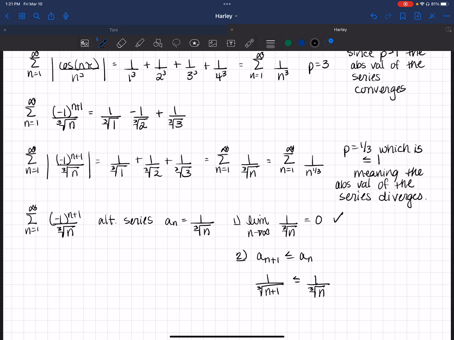It's in the denominator. The numerator is 1, which means that the value of 1 over the cube root of n plus 1 will be smaller than 1 over the cube root of n. So that works out. So that tells me that this series is actually conditionally convergent.